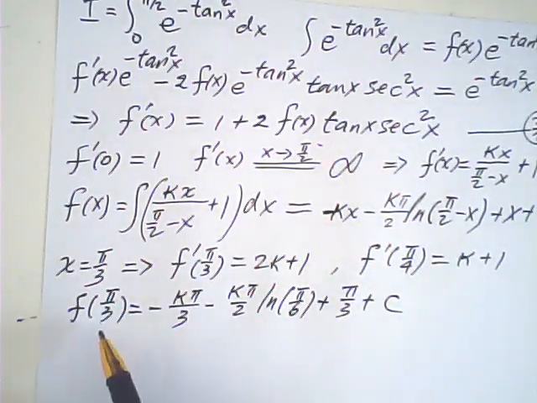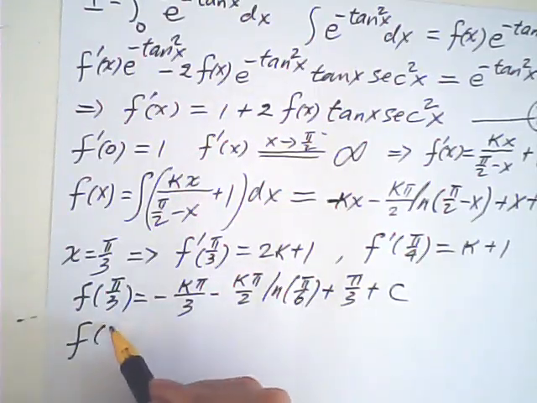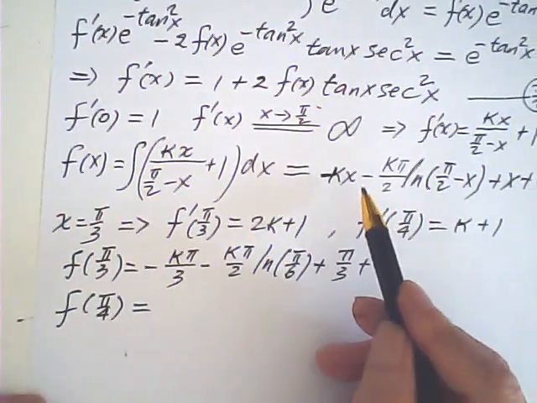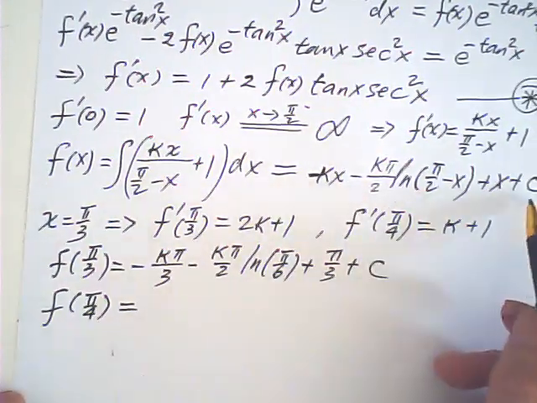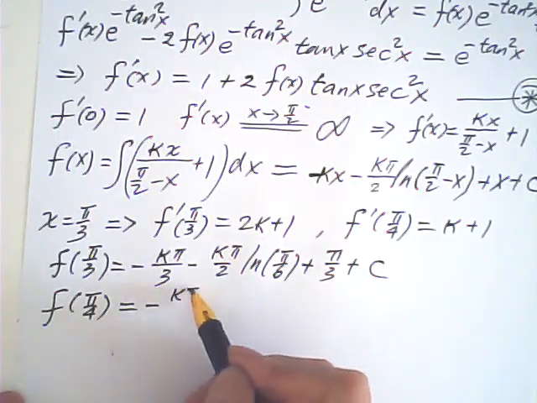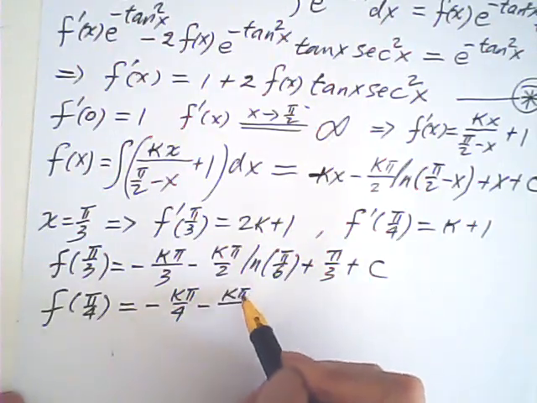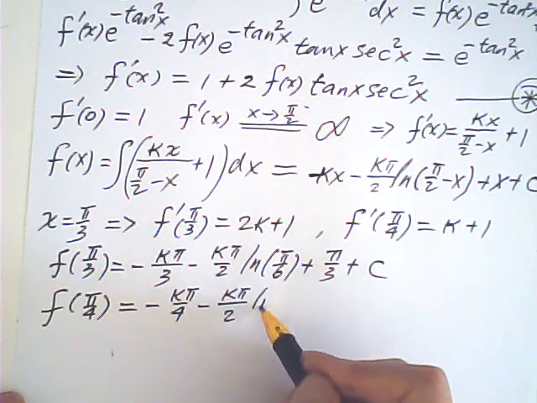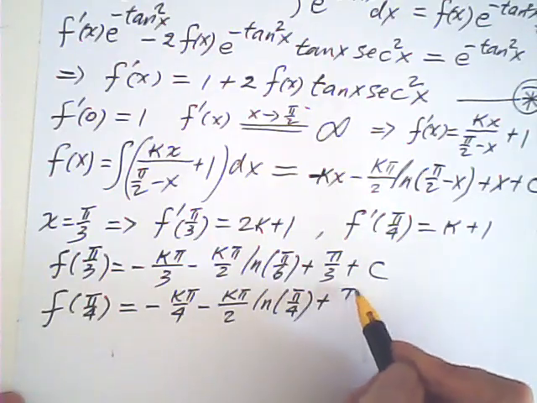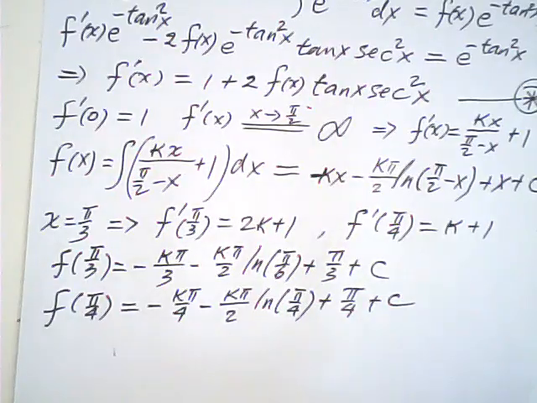Okay. From this one, I get f of 1/4 pi. I plug the value x as 1/4 pi. Then I have minus k pi over 4 minus k pi over 2 times log 1/4 pi plus 1/4 pi plus c. Right?